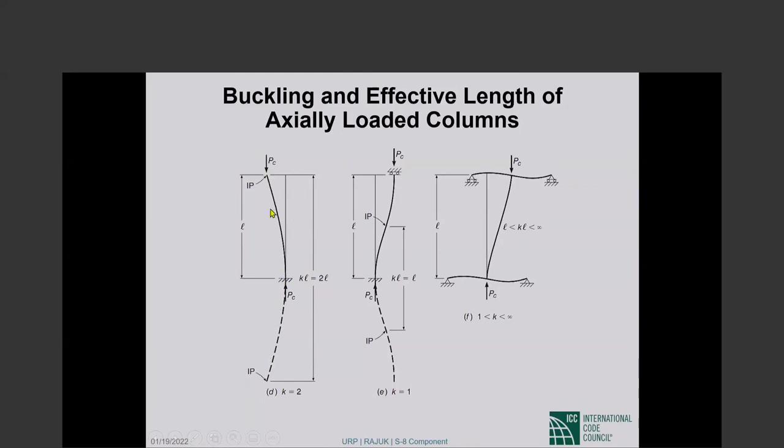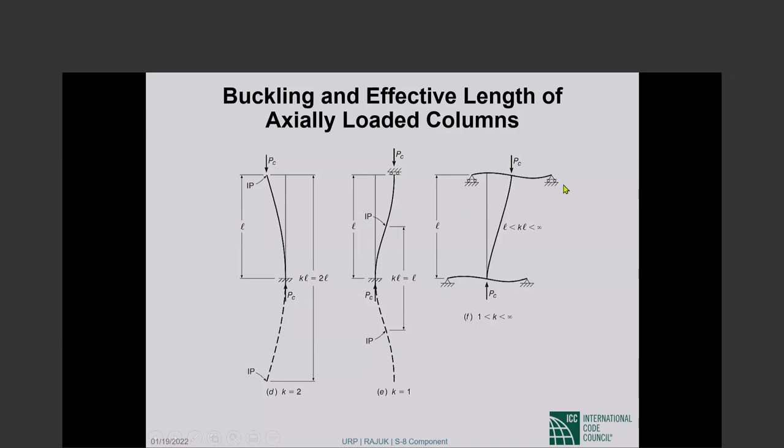The whole thing is like a column where the ends were not restrained against rotation. Now, when we have this situation, the end can translate but cannot rotate, then K is equal to 1, as shown very clearly in the picture.